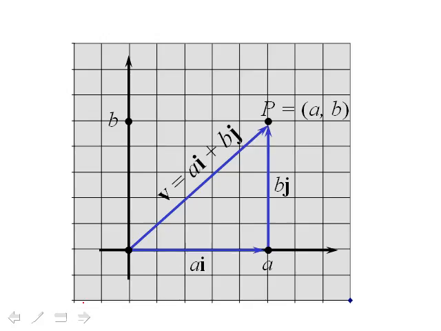So this should be a familiar looking picture to you when you're keeping track of i and j, to see a times i moving a units out in the positive x direction, b times j moving b units up in the y direction.